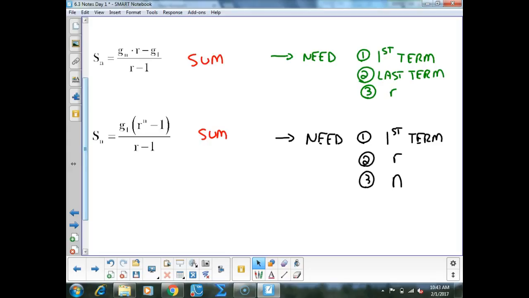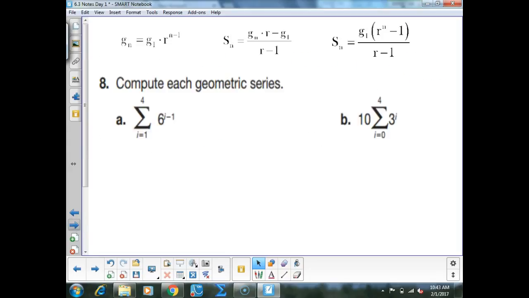So, let's put them to work here now on number 8, which is at the bottom of page 494, right below that. Let's use this one first, in part A. What do I need for that one? I need G sub 1. How am I going to find G sub 1?